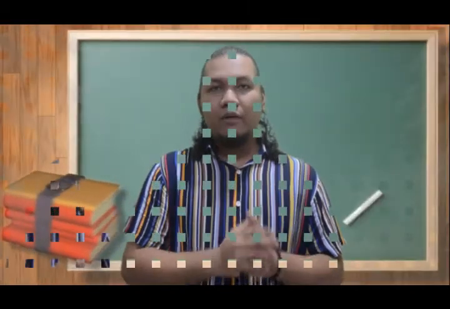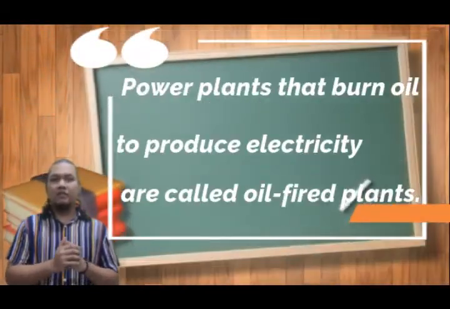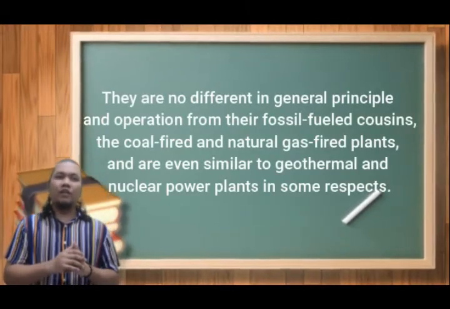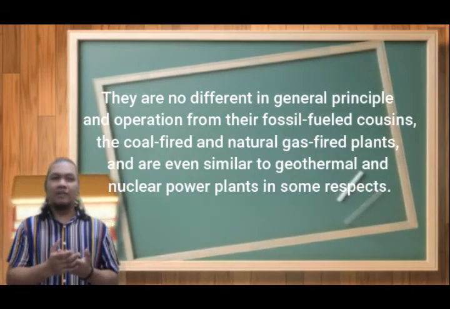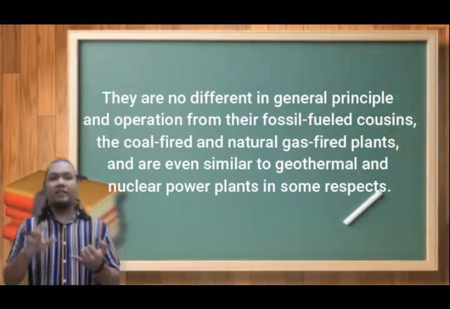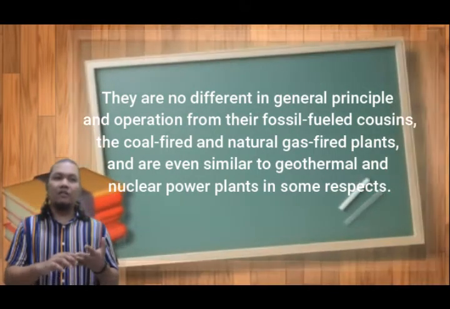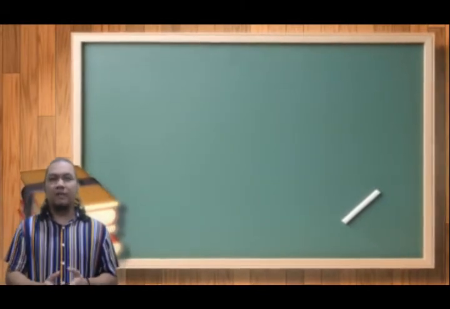Let's go back to our main topic of oil or petroleum power plants. Power plants that burn oil to produce electricity are called oil-fired plants. They are no different in general principle and operation from their fossil fuel cousins, the coal-fired and natural gas-fired plants, and are even similar to geothermal and nuclear plants in some aspects.